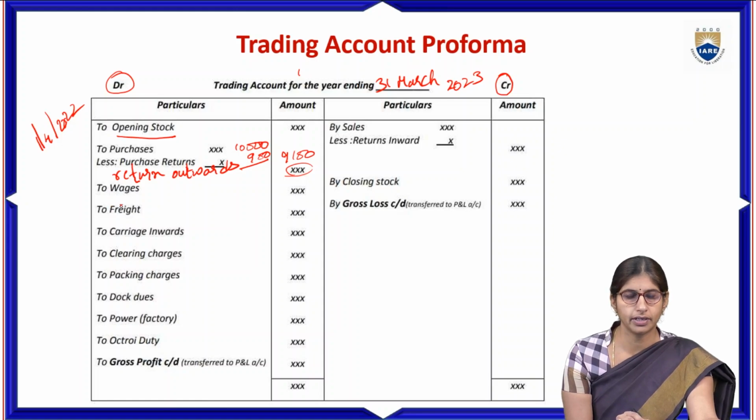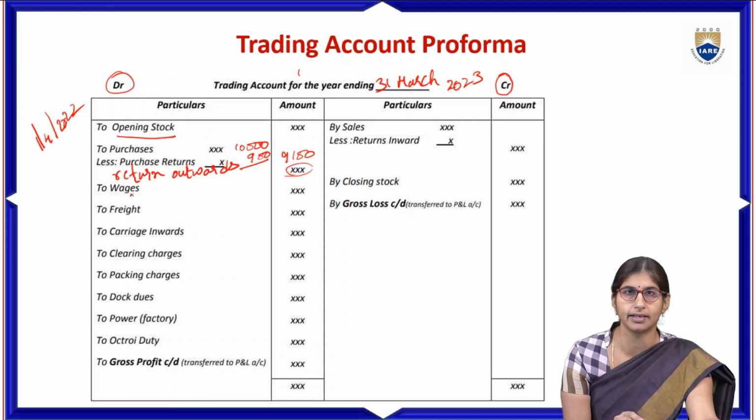Now coming to the next item, which is wages. Wages is a direct expense, because all the laborers work in the manufacturing unit, whereas the employees work in the office. All the office and general expenses, or indirect expenses, are covered under the profit and loss account.